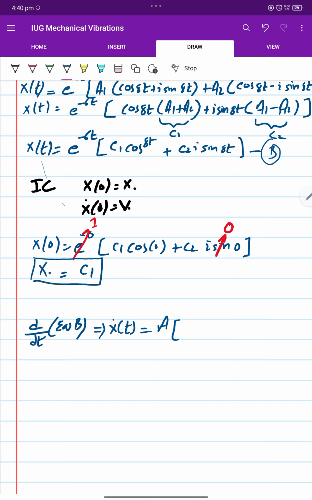Equals minus e exponent minus 6t. I'm not going to follow all the steps.